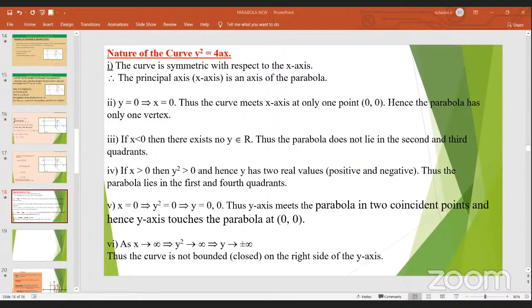One is above the x-axis, the other is below the x-axis. So there exist 2 points. Is this clear, children? So this is an example. As you move the focus, the curve changes, but the properties remain the same.